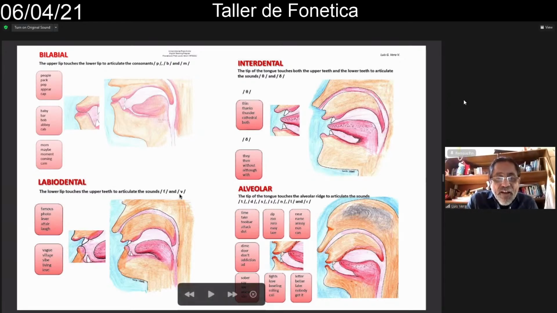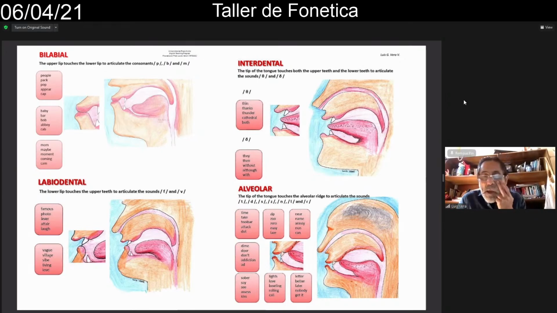And then we have f and v. The lower lip touches the upper teeth to articulate the sounds f and v. Notice the position. What words are like that? For example: famous, photo, fever, affair, laugh.